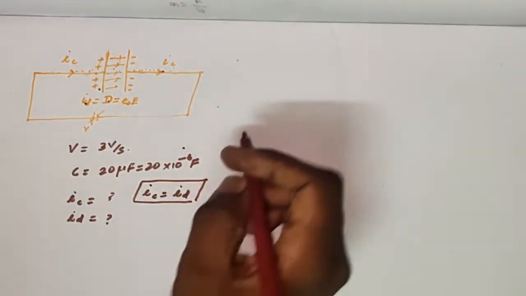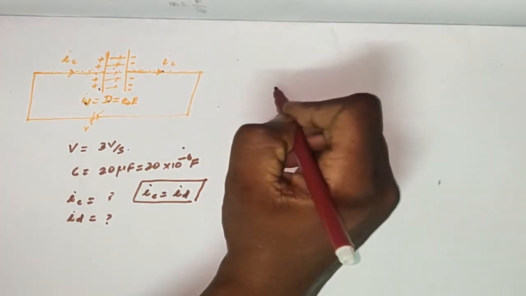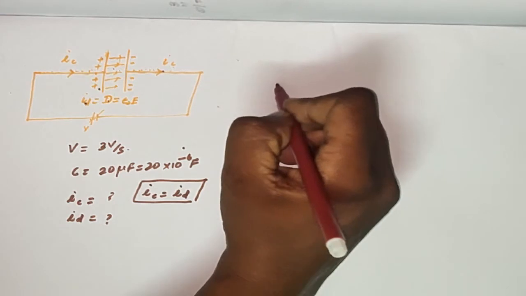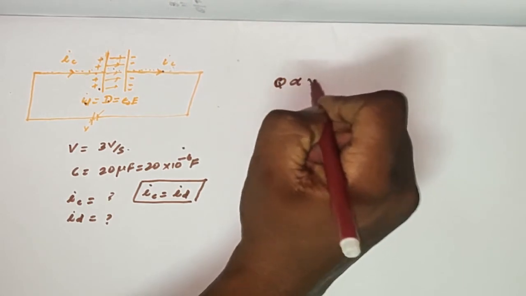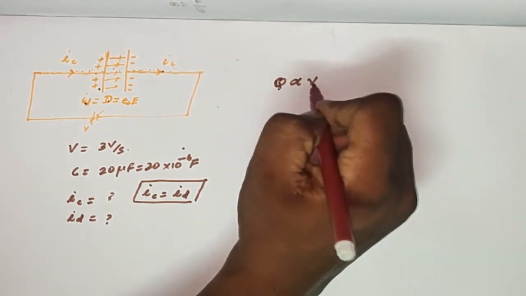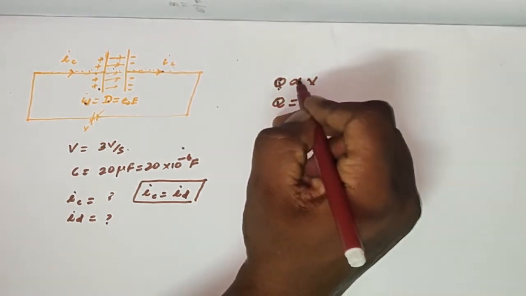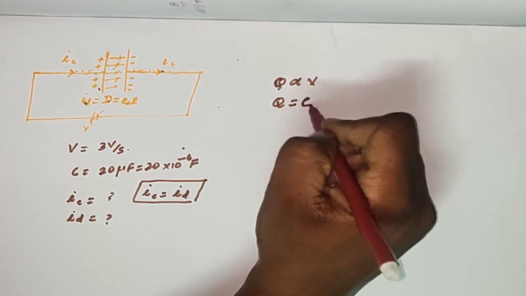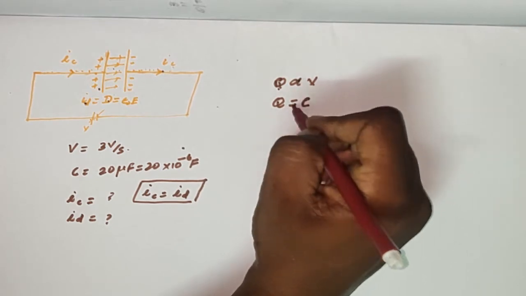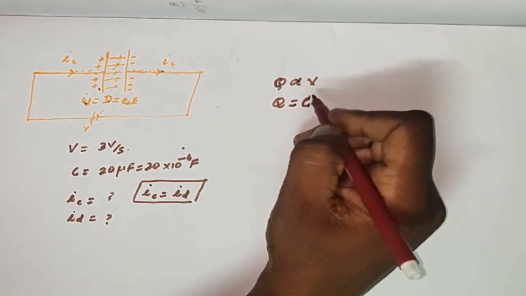Now first we can write the relation between the voltage and the charge in the capacitor. The charge is proportional to the voltage. As the charge increases, voltage increases. You can convert this proportionality into equality by adding a constant, and that constant is the capacitance of the capacitor.